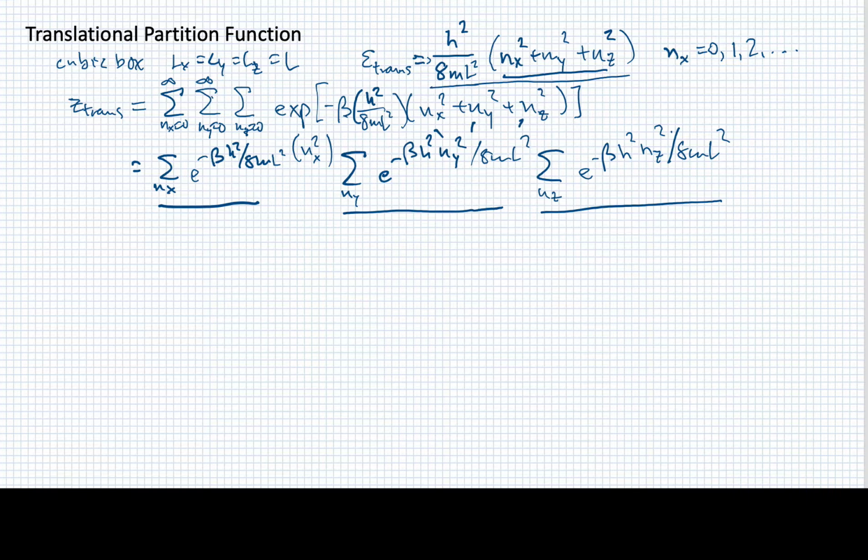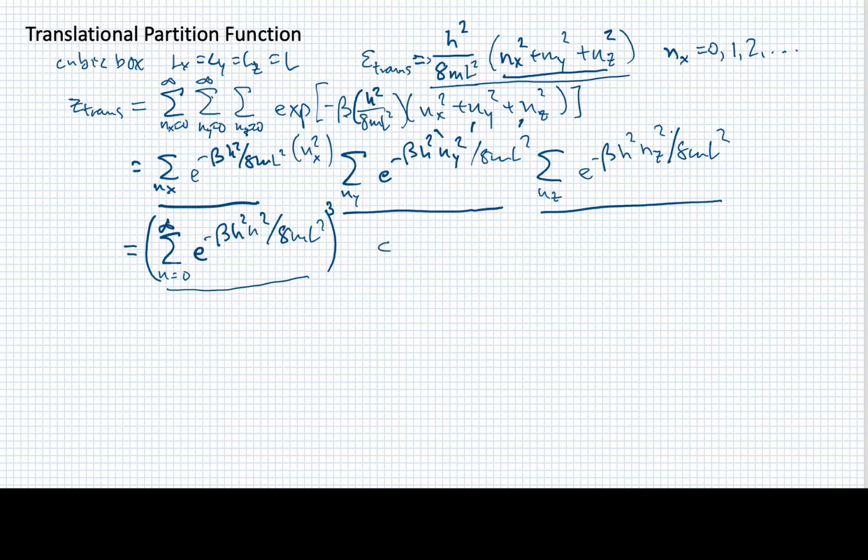So I can simplify this by simply writing this as one summation going from 0 to infinity of e to the minus beta h squared n squared over 8mL squared. And then, since it's the same answer for each of these three, I just cube that result. All right, so what I'm going to care about is evaluating this. Now I'm going to do two things to make this task a little bit easier.